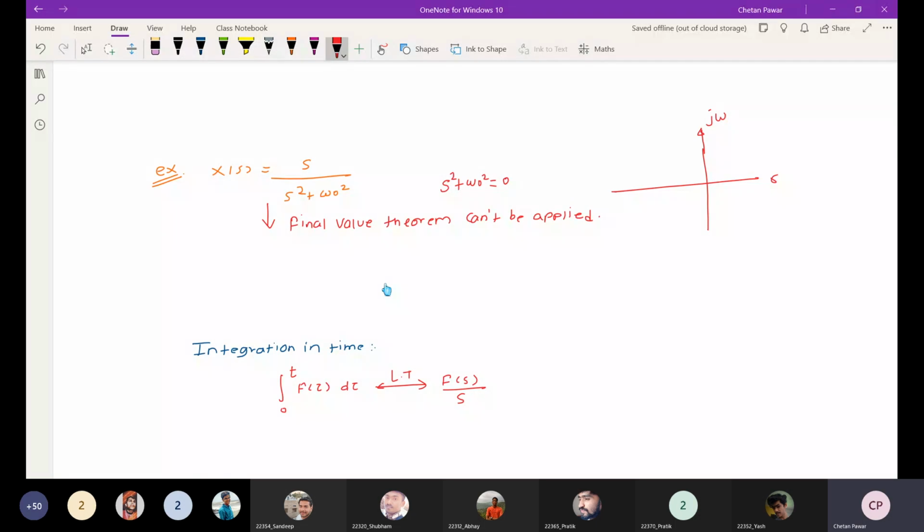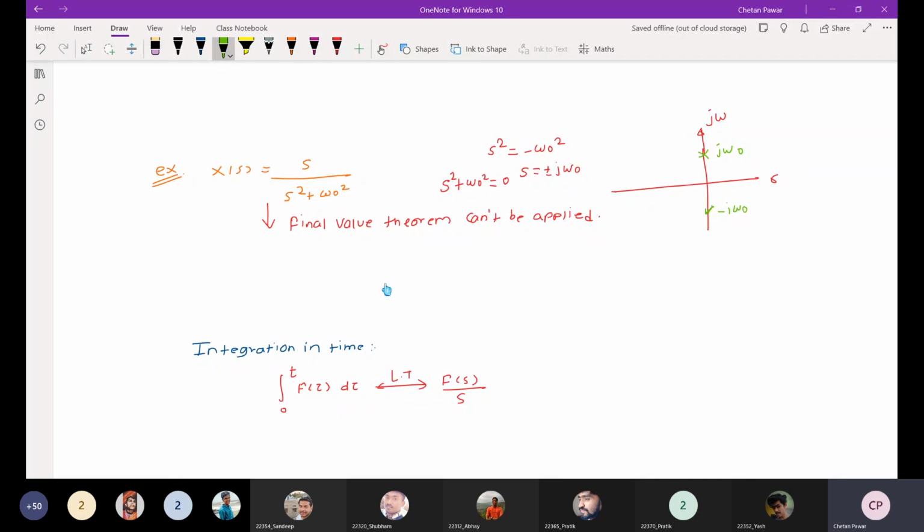Now if you want to find out the poles of the system, s square plus omega naught square becomes 0. So s square is equal to minus omega naught square, right? So this will be plus minus j omega naught. So there are two poles on the imaginary axis, at j omega naught and minus j omega naught, right?